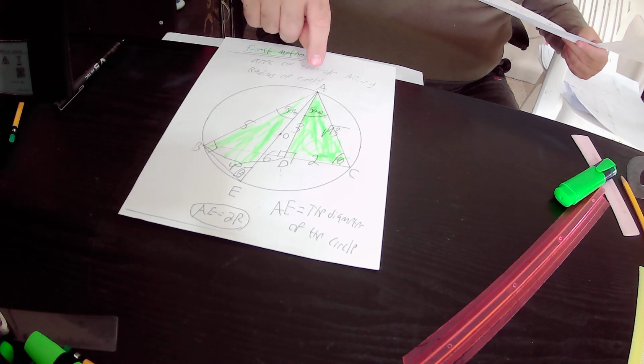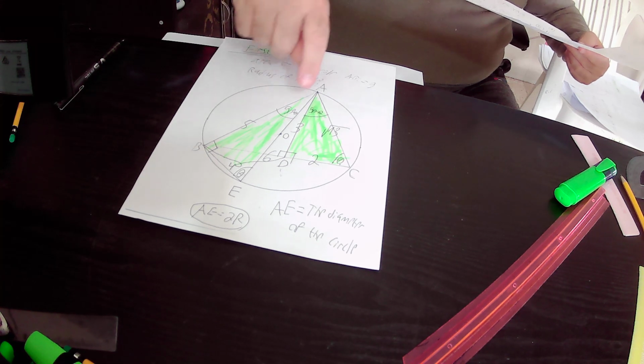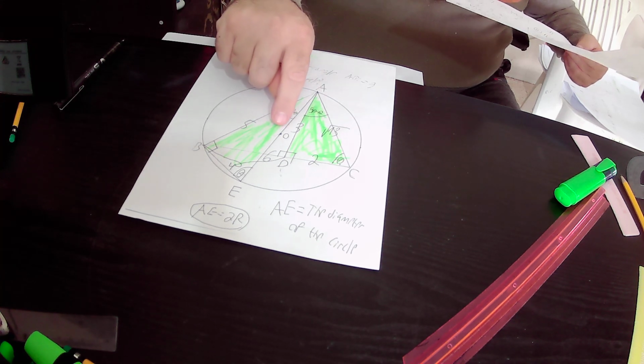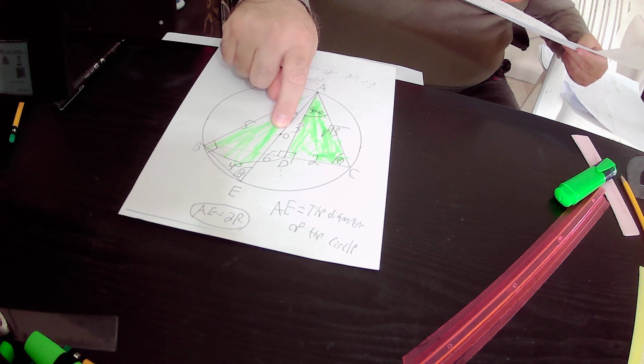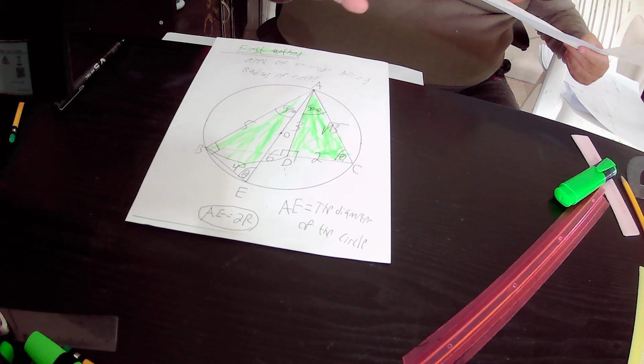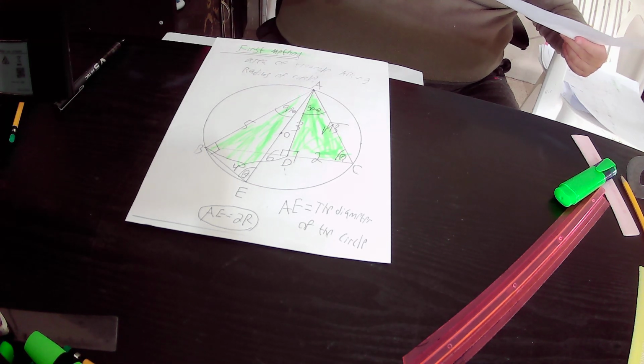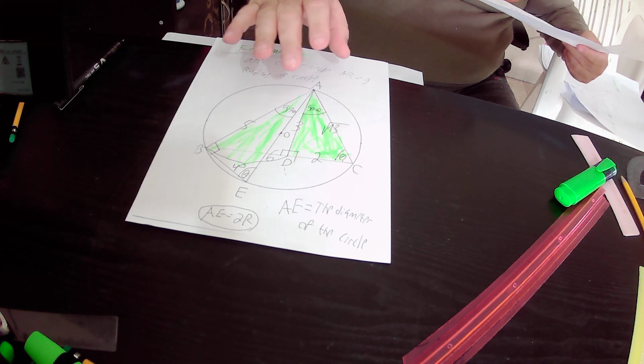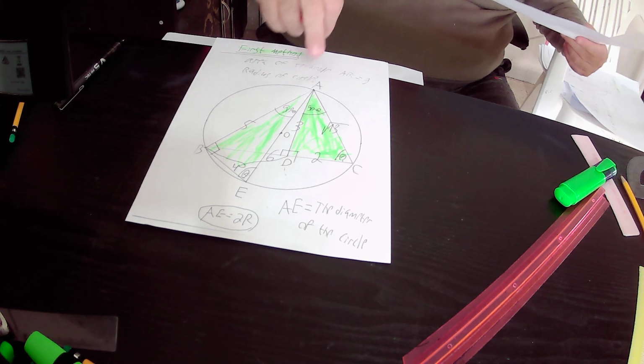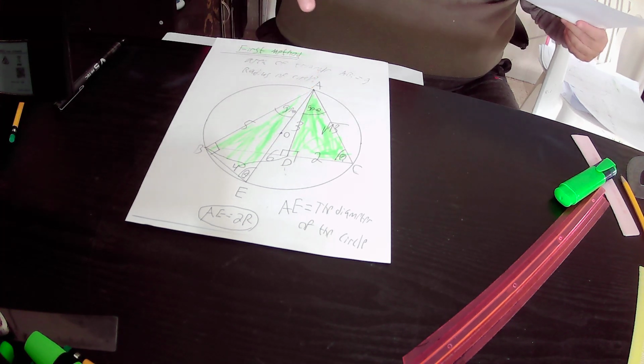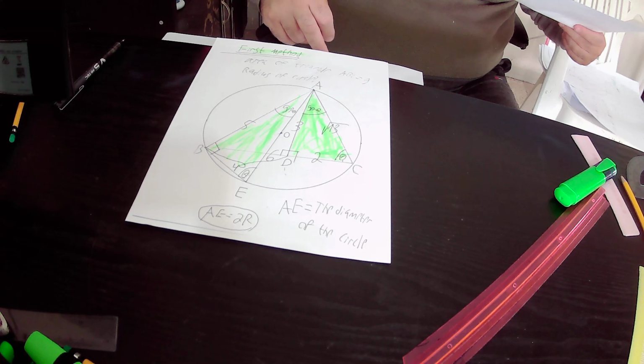So chord AE passes through the center of this circle, that is point O. Therefore, chord AE is the diameter of the circle, because any chord that passes through the center of the circle is defined as the diameter. So AE is the diameter of this circle.